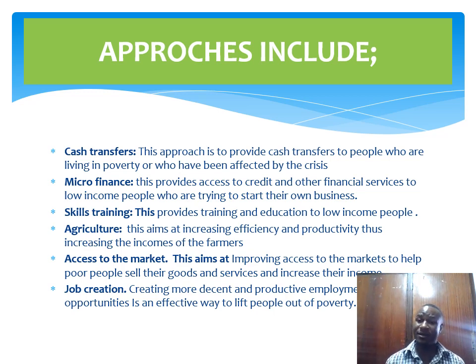For example, today our government has the program for helping students at campus, the loan scheme. So it is targeting those low-income people so that they can be equipped with university knowledge, so that in the future they can start something, or they can be important people. So that is all about skills training.